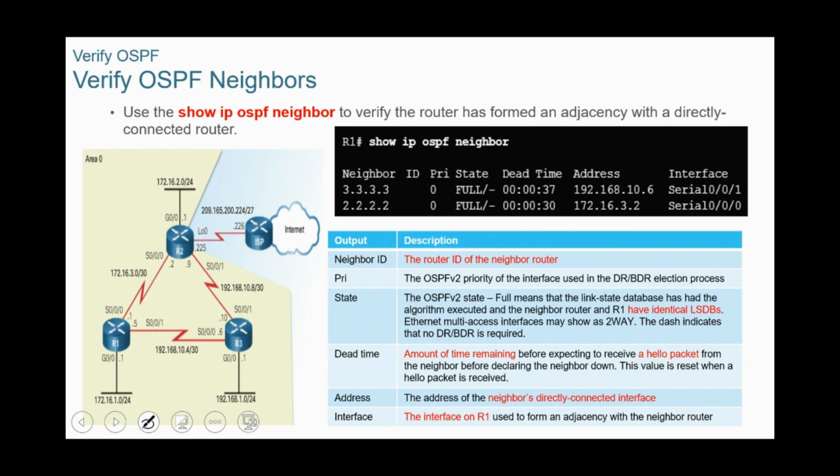Okay, after you have set it, you can use show ip ospf neighbor to verify that the router has formed an adjacency with your directly connected router.